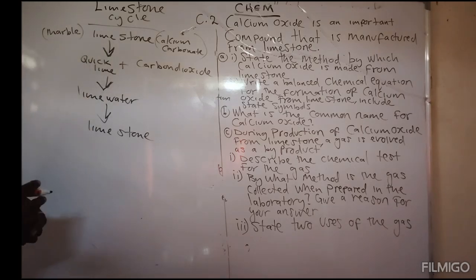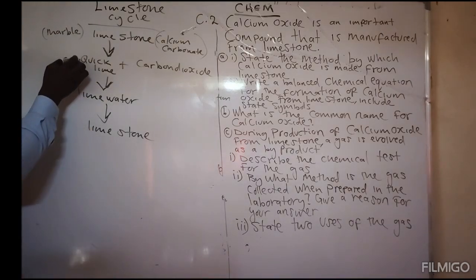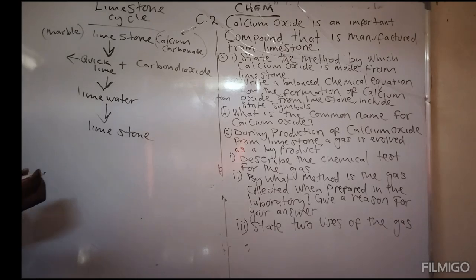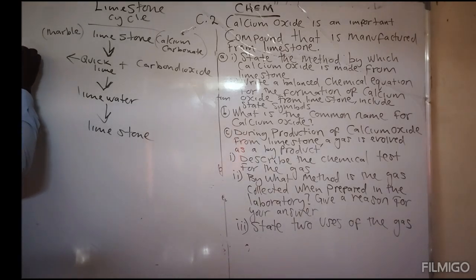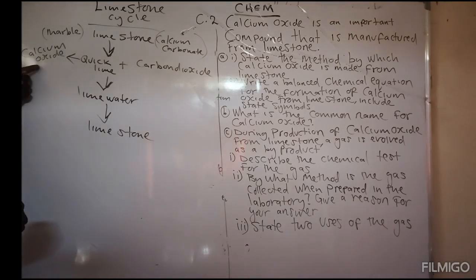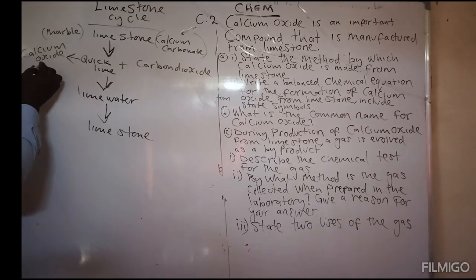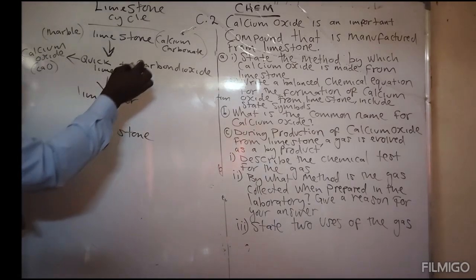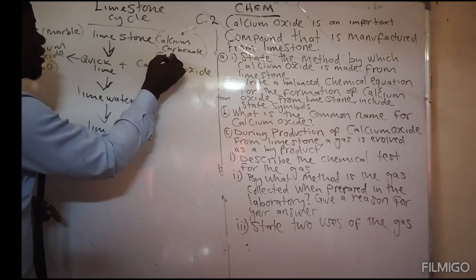Next, we have quick lime. Quick lime has a chemical name which is calcium oxide. Special name, quick lime. Then we use this for calcium oxide, the chemical formula. Then here for calcium carbonate, we use this.